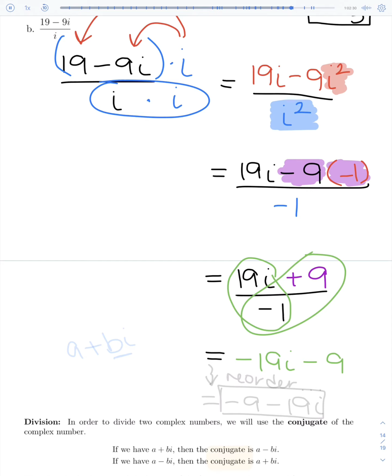Now, if you were to type this answer into MyMathLab, you would get a "you're close but not quite," because remember, we want it in a plus bi form, which means the i needs to be at the end. So one extra step: I need to reorder this so that the negative 9 comes first, and then the negative 19i comes second. So I get negative 9 minus 19i.